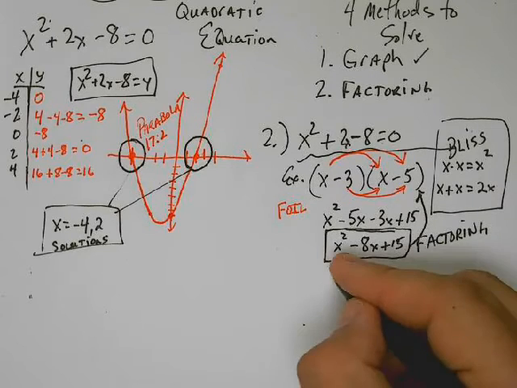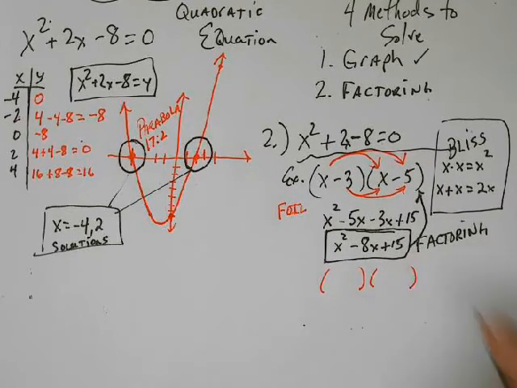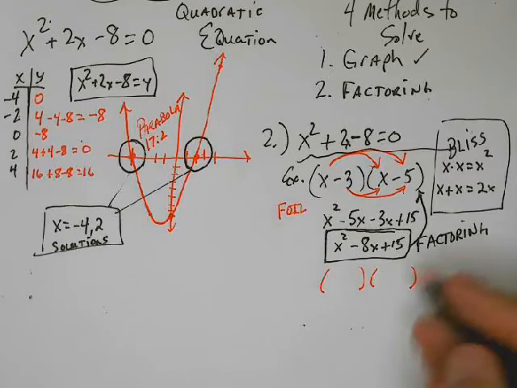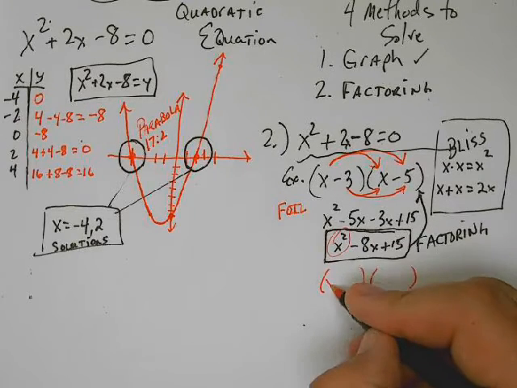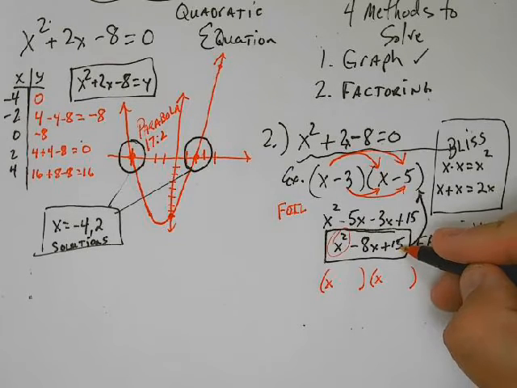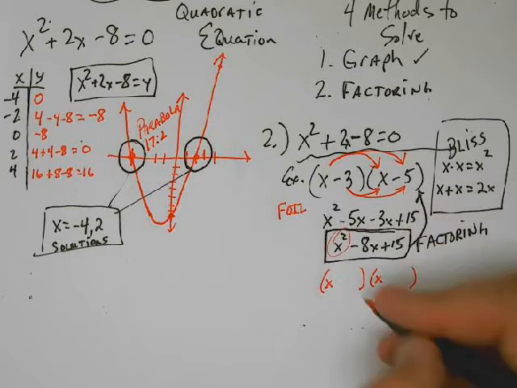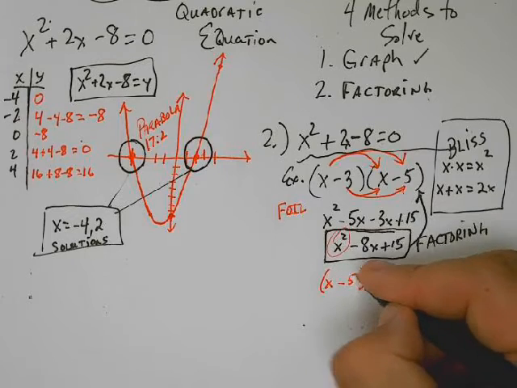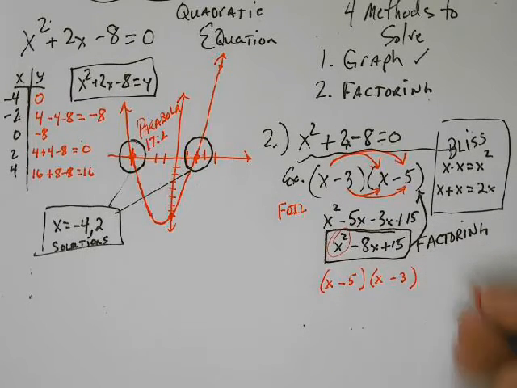So how do you factor? You put blank parentheses like this. You think of factors of x squared as x and x. Factors of 15 that give us positive 15 when we multiply, and -8 when we add. So we have -5 and -3. That's factoring. See how it's kind of just reverse?